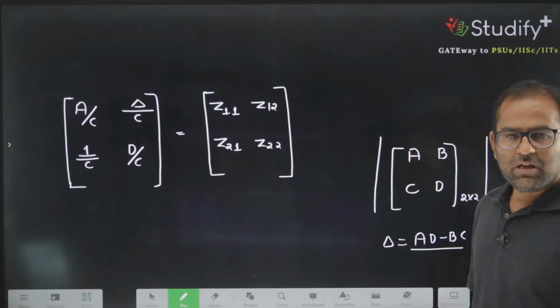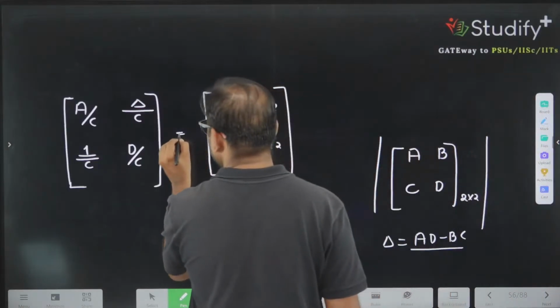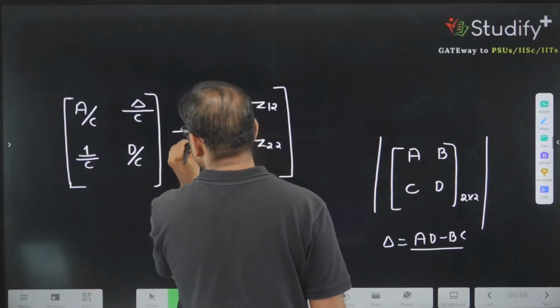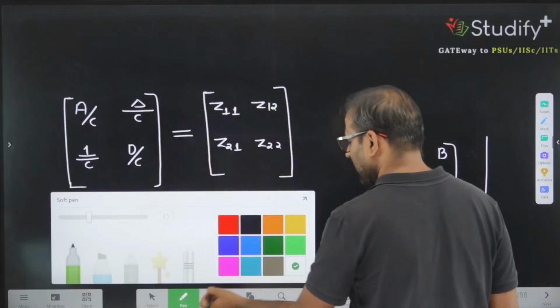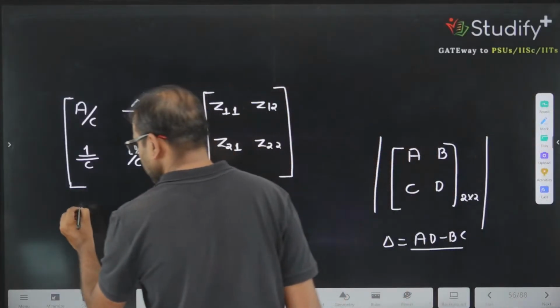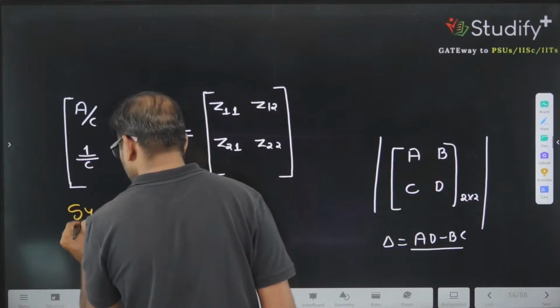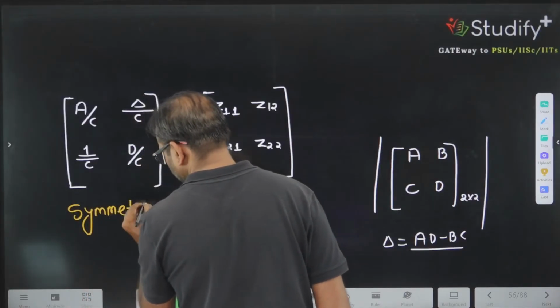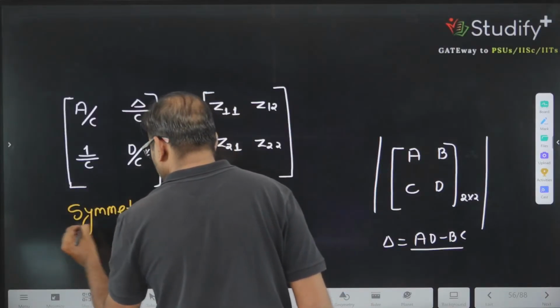So if these two parameters are defined for the same network, then the condition of reciprocity and symmetrical network can be easily explained. What is the condition for symmetrical network?